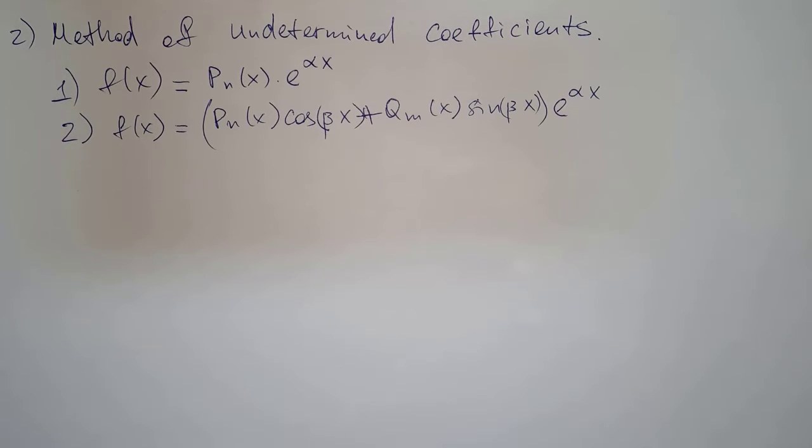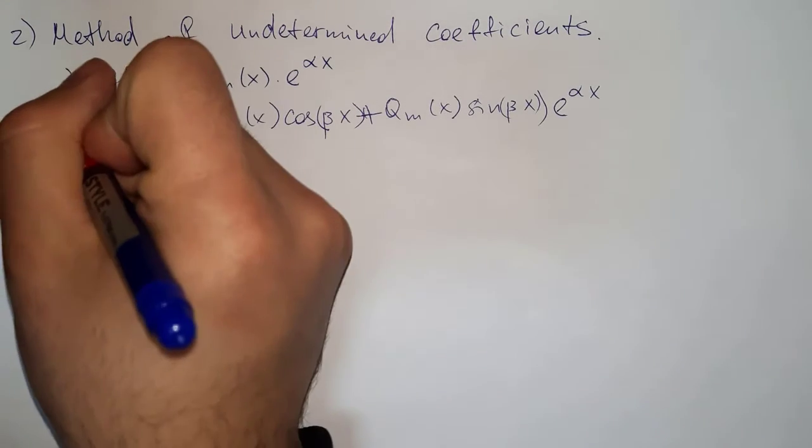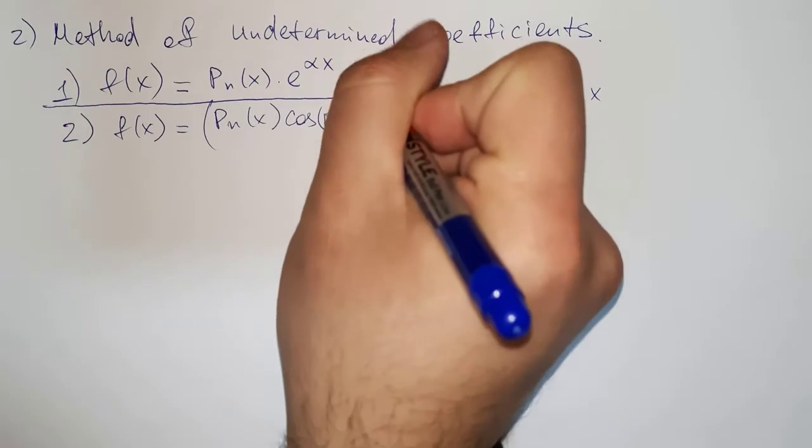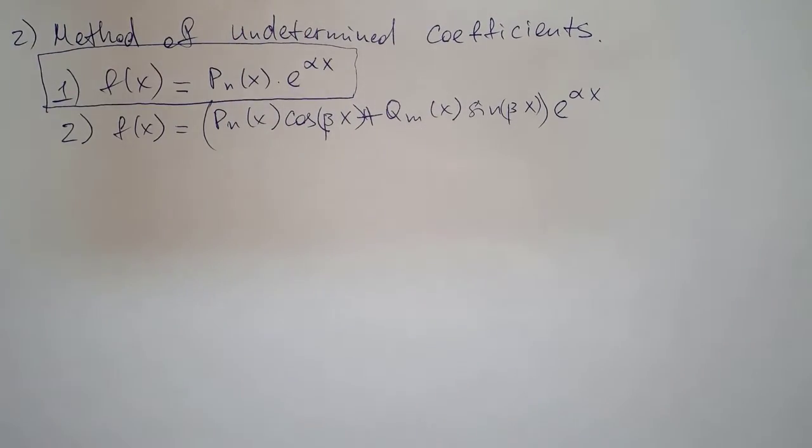And in both cases, the choice for the structure of the particular solution should match the structure of the right side of the non-homogeneous equation. Now we'll consider only the first class of f of x, which is a polynomial times an exponential function.